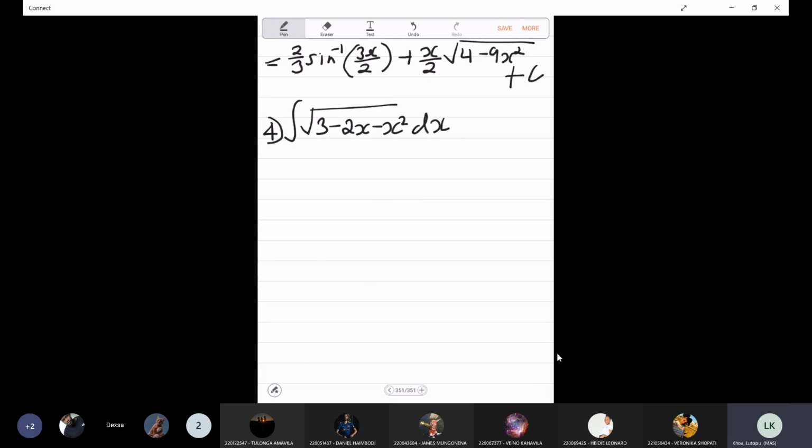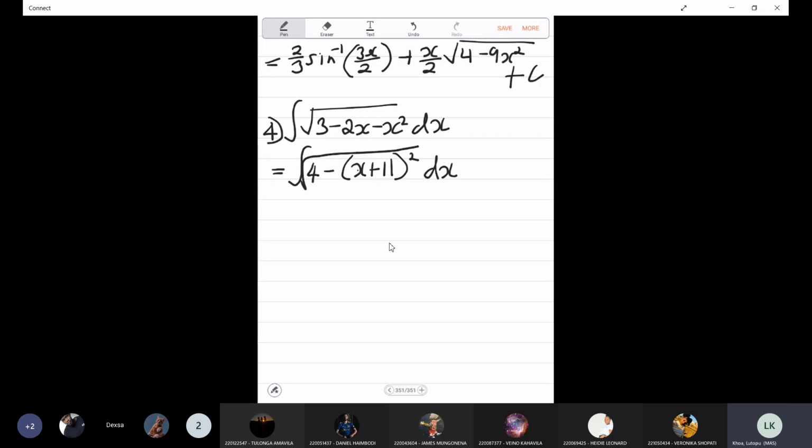So what we want to do again is to rewrite this in the form of a squared minus x squared, and to do that we need to complete the square. So remember how we complete the square, and when you do that you will end up with 4 minus x plus 1 squared under the square root dx.